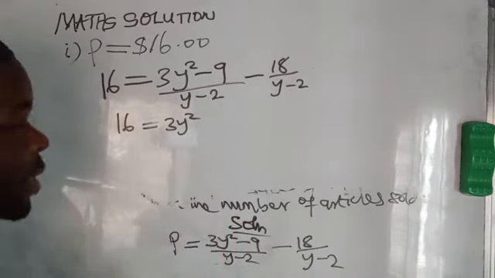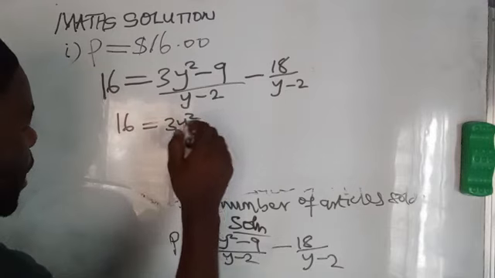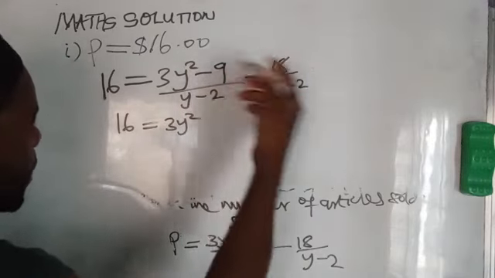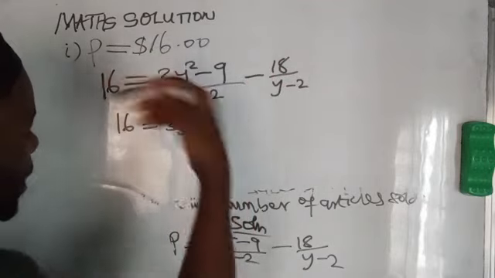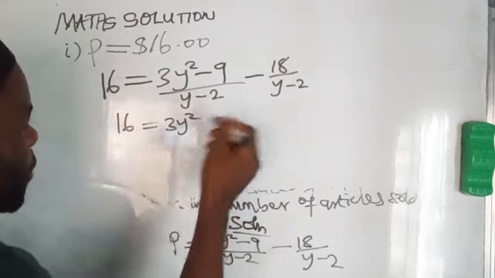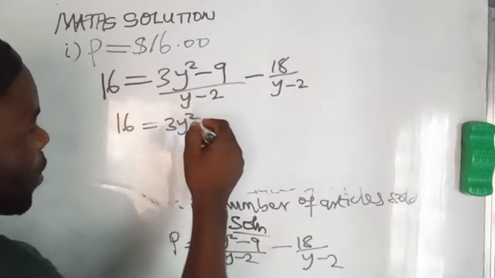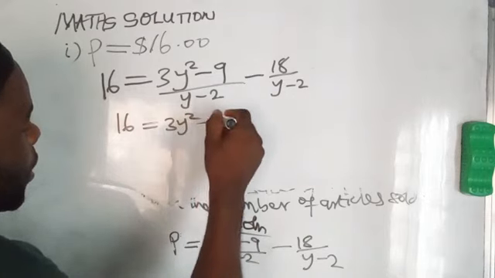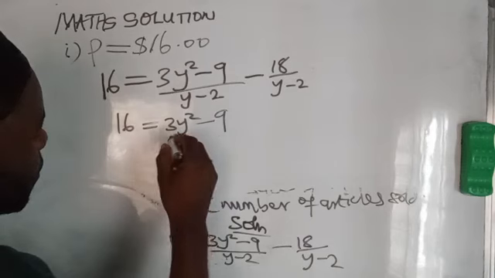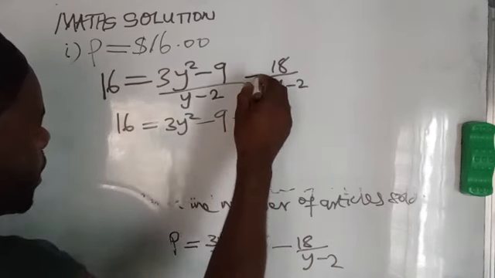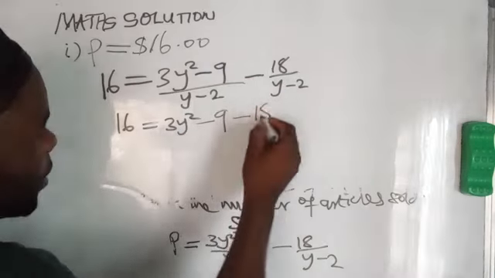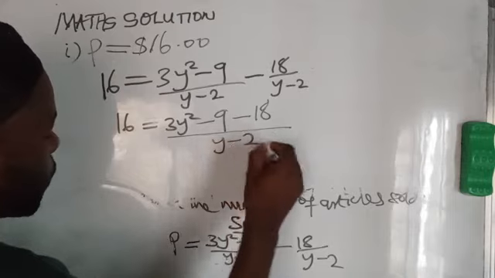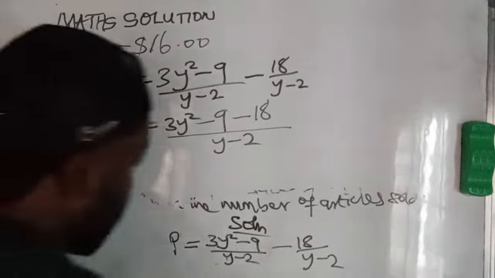Then you have 3y squared minus 9 minus 18, all over y minus 2, moving straight with your solution.